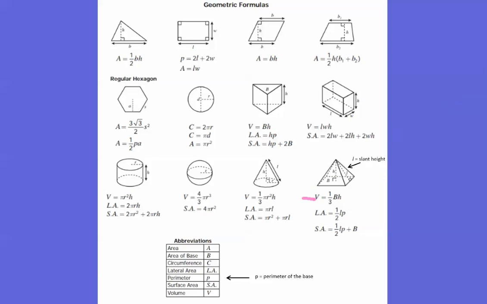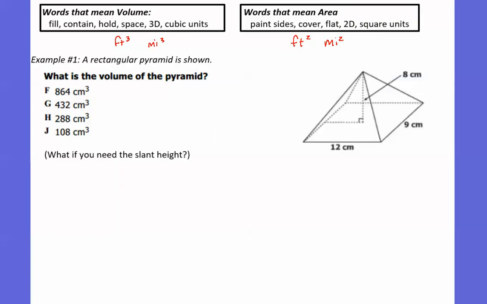Volume equals 1/3 capital B times H. It's important to remember that the capital V refers to volume. This capital B is going to be the area of the base.